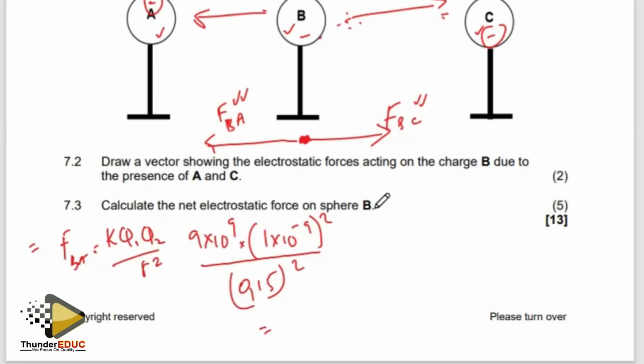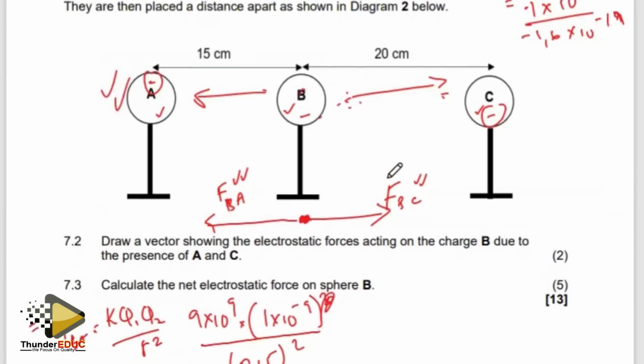Okay, in the answer, we're dividing by 0.15 squared. That's going to give us 400 newtons. So let me just focus on this, and I'll take this to be a neutral charge or a point charge.